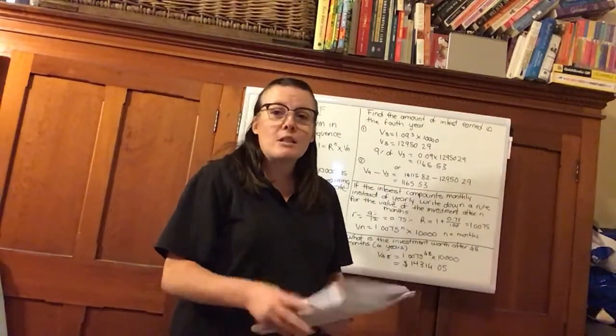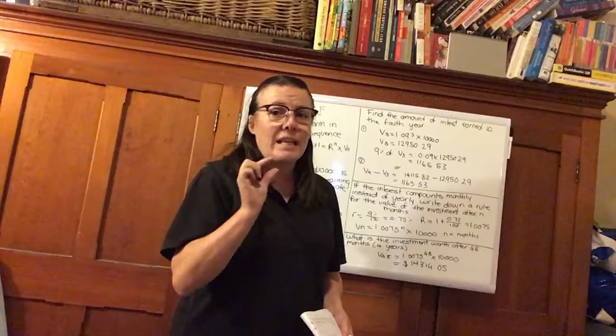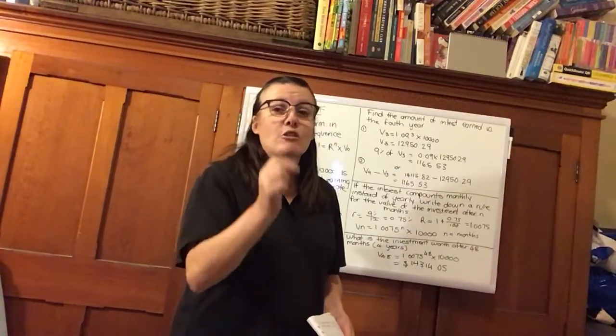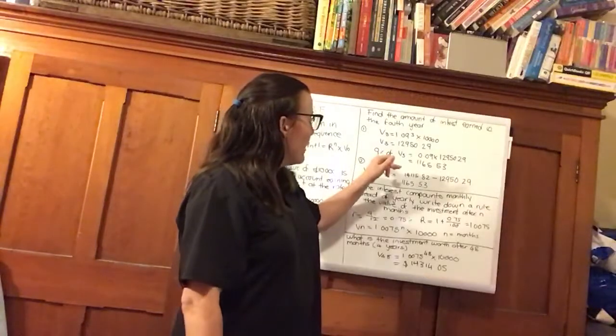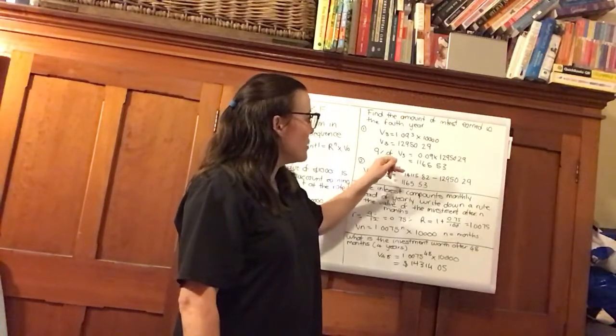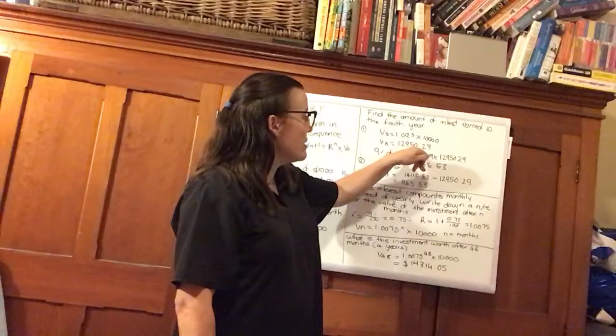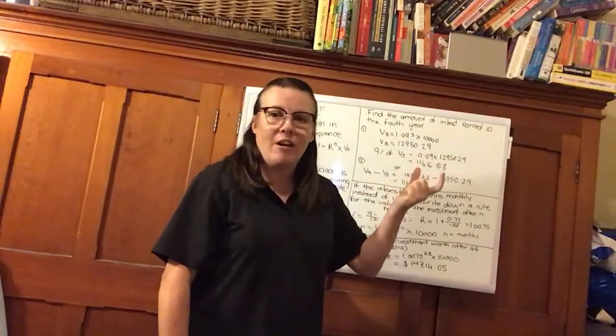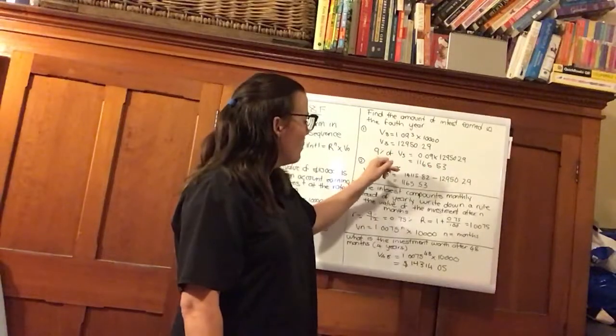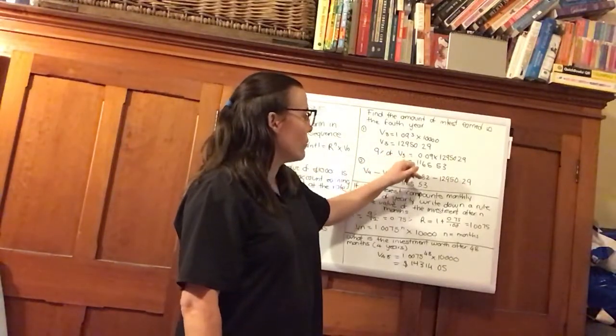Now, this question is only asking for the interest part. What is the interest added in the 4th year? So if we work out what 9% of that value is, we will have just what is added to the account. So we can work out what 9% of the V3 is.